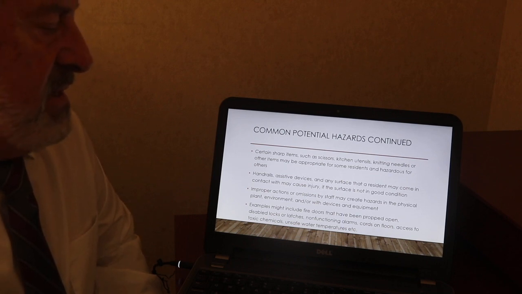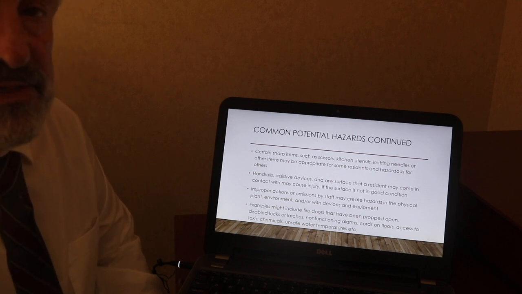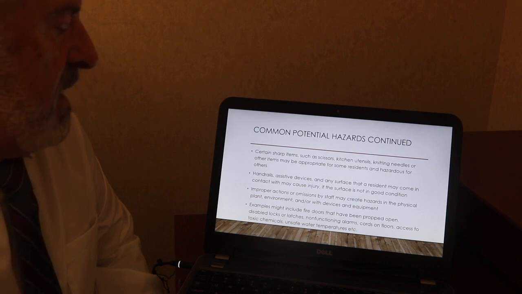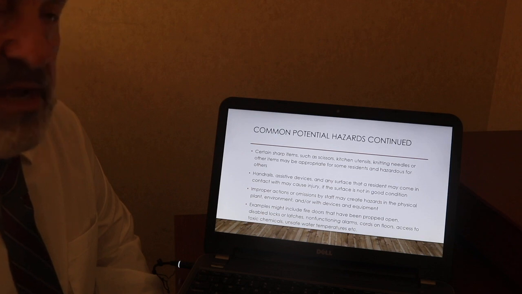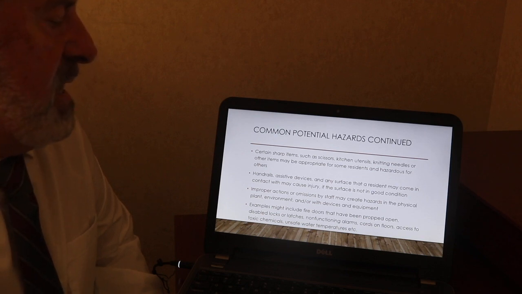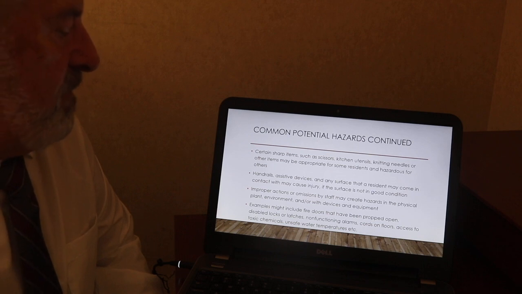Handrails, assistive devices, and any surface that a resident may come in contact with may cause injury if the surface is not in good condition. Improper actions or omissions by staff create hazards in the physical plant environment and/or with devices and equipment.